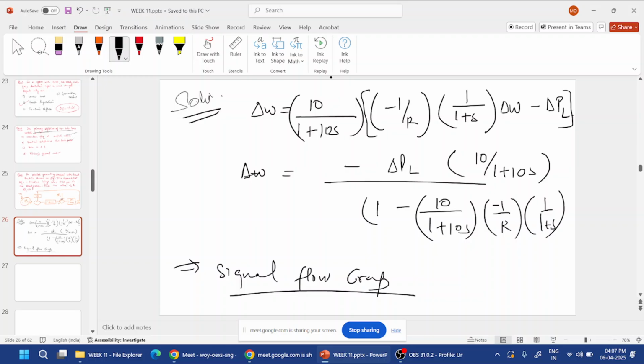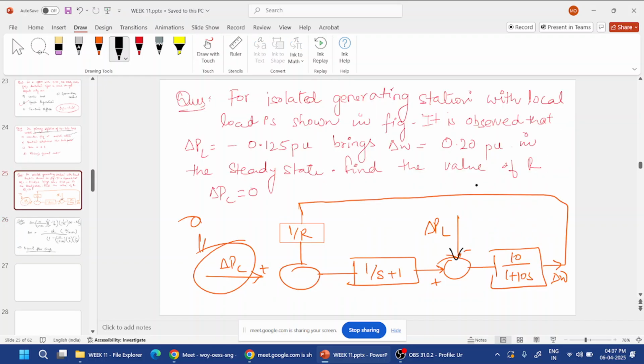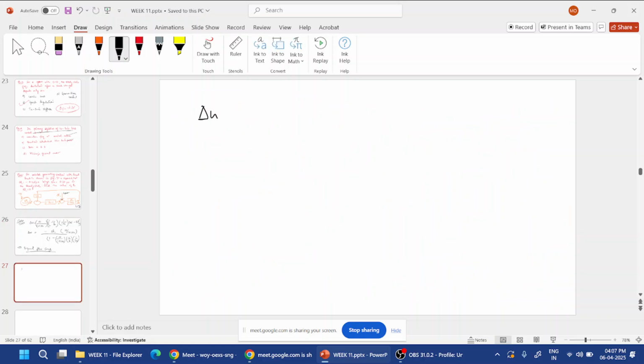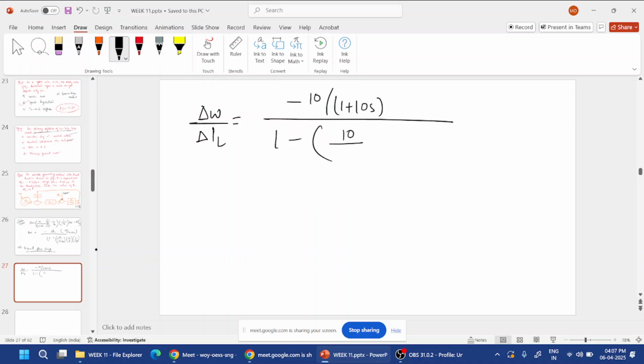Treat this as an input and this as an output, so you can easily calculate the output-input relation. It comes out to be minus 10 by 1 plus 10s divided by 1 minus 10 upon 1 plus 10s minus 1 by R multiplied by 1 by 1 plus S.